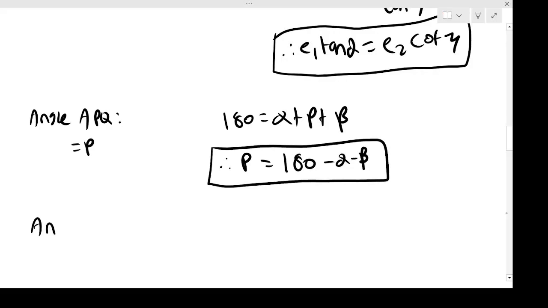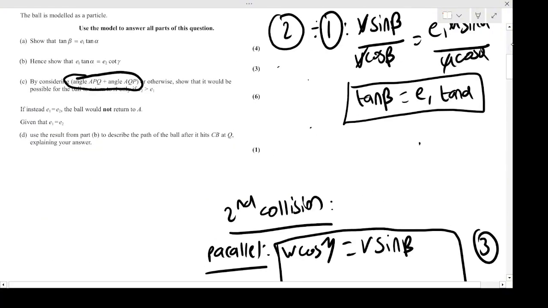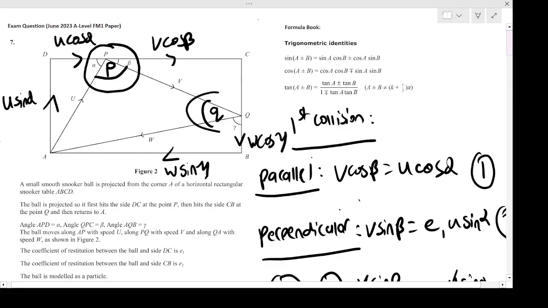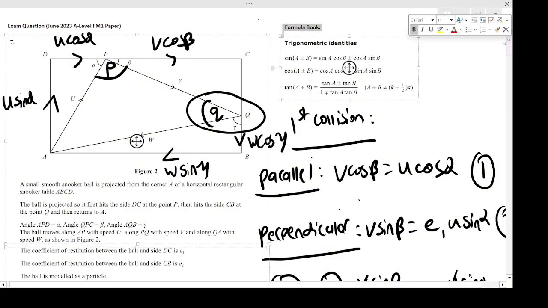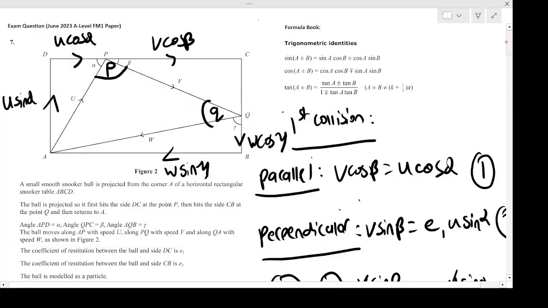Then I'm going to find a similar expression for the angle AQP. So now if I look at angle AQP, it's going to be this angle here, Q. Well, again, I've got the same sort of situation where we've got angles on the line, but we're missing this angle here. But actually notice I have a right angle triangle here.